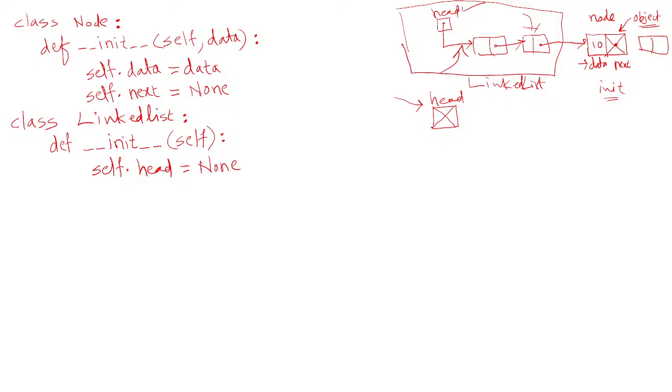First I'm defining a function to add an element at the beginning of the linked list. That means the new element must be inserted as the first element. So for that we define a function called insert at beginning.